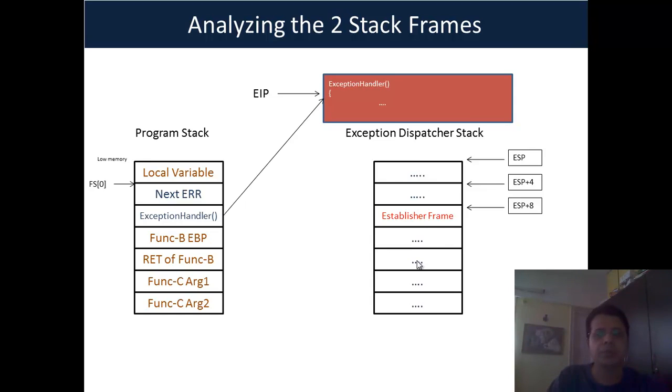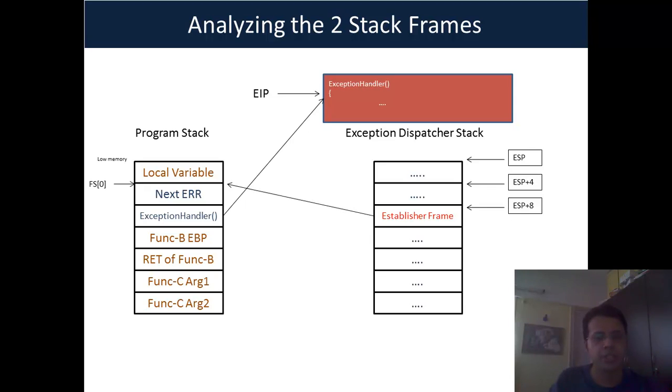And what we see is something interesting: the establisher frame is on the stack. Now, here is the most important part. It is at a fixed offset at ESP plus 8, which means there are just two 4-byte values on the top of the stack, after which we have the establisher frame.